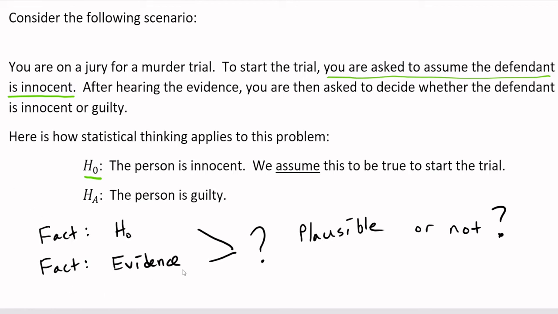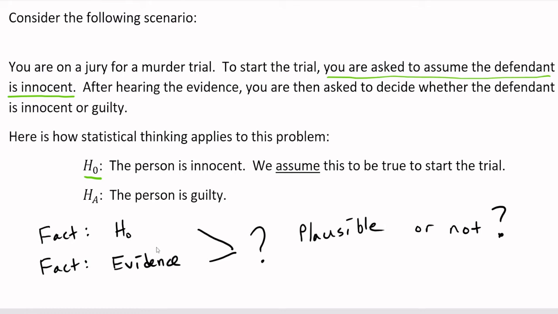So let's stop here and just kind of say exactly what we mean. We are saying to ourselves, okay, the person's innocent. Now, in our brains, can we wrap our head around the idea that the person's innocent and there is some video evidence that seems like it looks like the person at the murder scene, and motive, and a witness who says they think they saw the person? All of those, can they all be true at the same time?